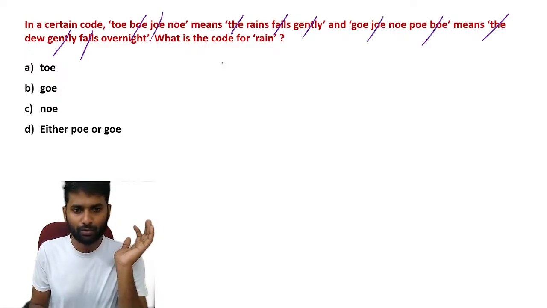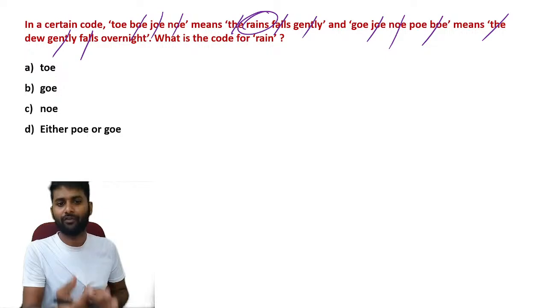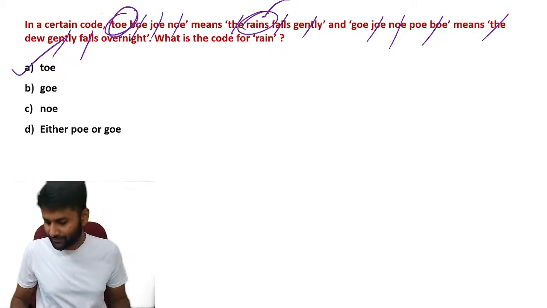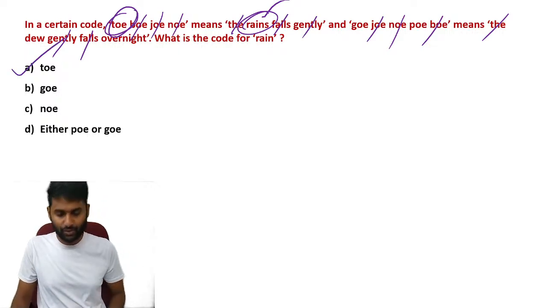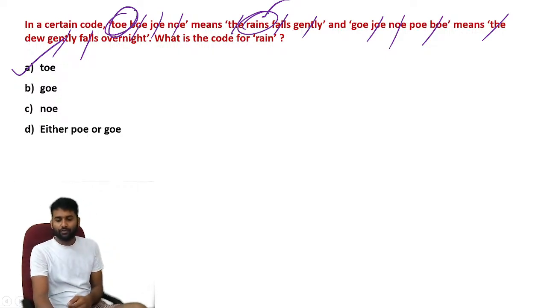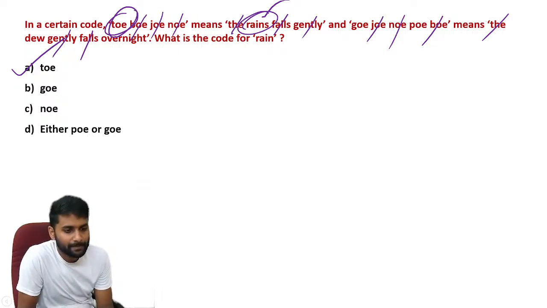JOE, JOE is repeated. NOE repeated. We are not sure of the code language for falls and gently, but we can conclude that the code language for rain is TOE. So you can fix the answer, guys. A is the suitable answer. Remember, simple point: if words are repeated, the code language is repeated. If words are not repeated, the code language is not repeated.